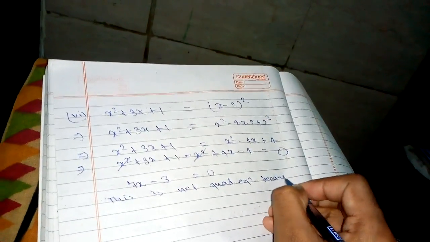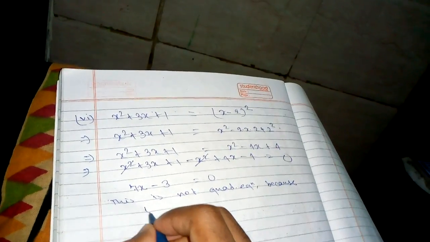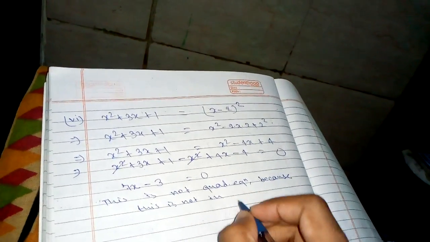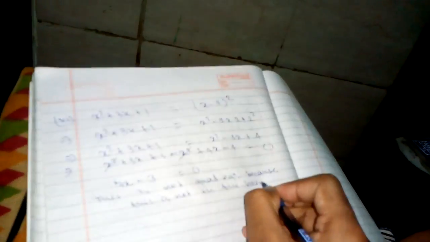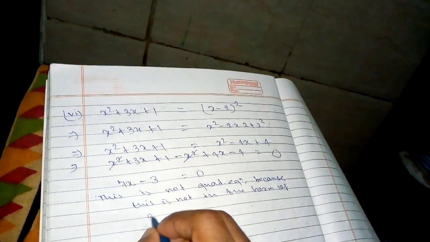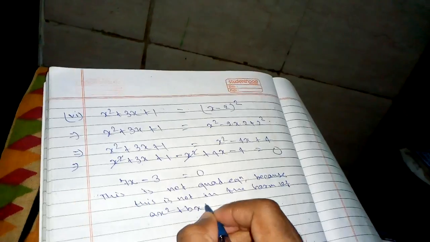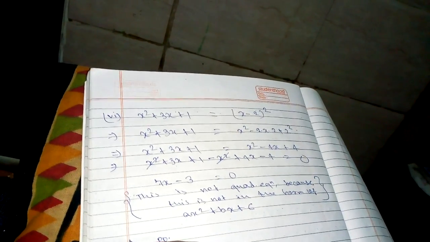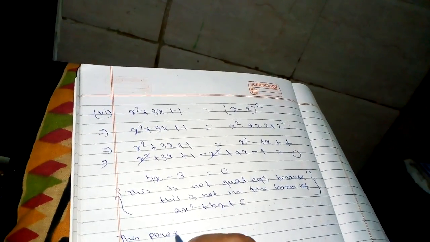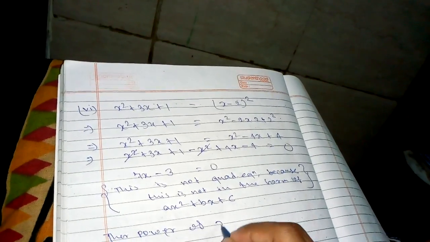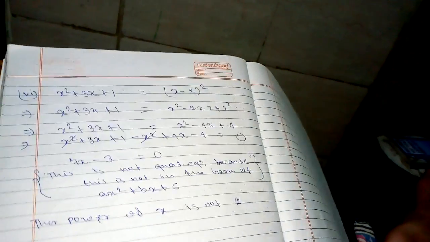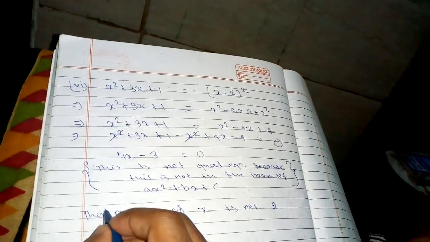Because this is not in the form of ax square plus bx plus c, or simply we can write that the power of x is not 2, not the maximum power.